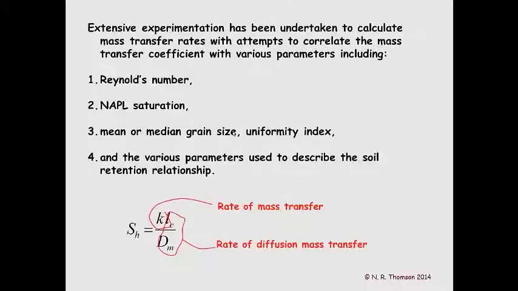The Sherwood number, which is defined as the ratio between the rate of mass transfer and the rate of diffusion mass transfer, has been used in these experiments.